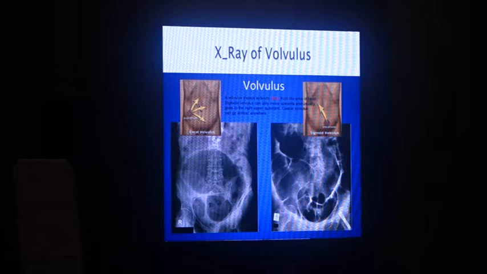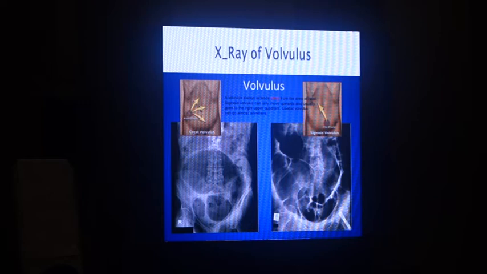And if the dilated loops are going towards the right upper quadrant and giving a tire loop appearance or coffee bean type of sign, then basically this is characteristic of sigmoid volvulus. In cases of cecal volvulus, the direction can be anywhere. It can go up to the right upper quadrant, it can go up to the left upper quadrant.